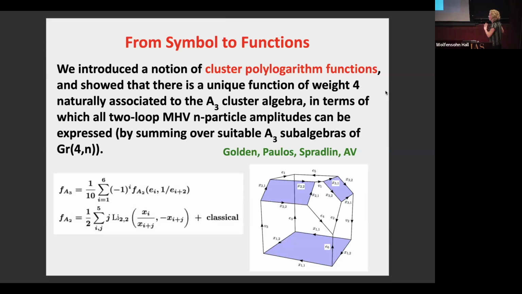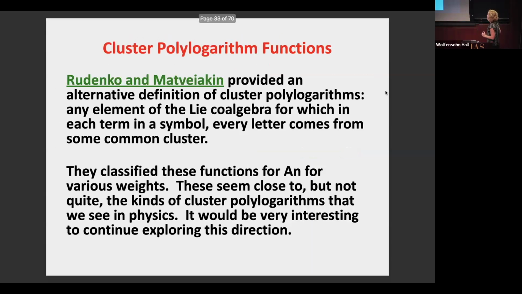These are certain particular combinations of functions which have manifest cluster structure in a certain coproduct. Again, I'm skipping all the details. I just want you to know that all of this discussion of cluster structure in amplitudes, in words, goes up to functions.